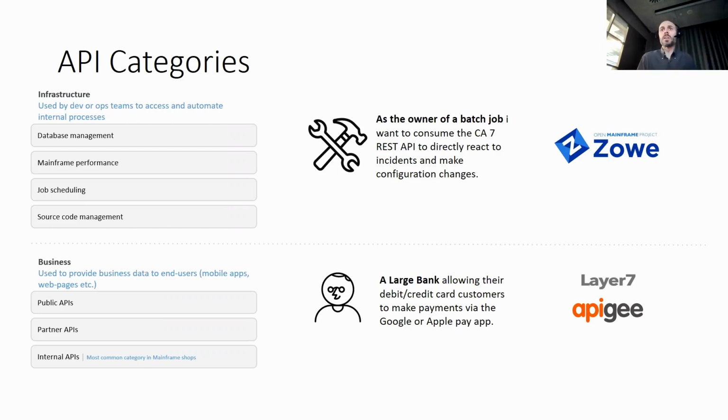We've seen an increasing amount of interest in the mediation layer as time has gone on, as organizations have begun to explore and consume particularly infrastructure APIs. The mediation layer is a key component of Zowe, which is an open source framework for the mainframe. I'm going to talk a little bit more about this later on.